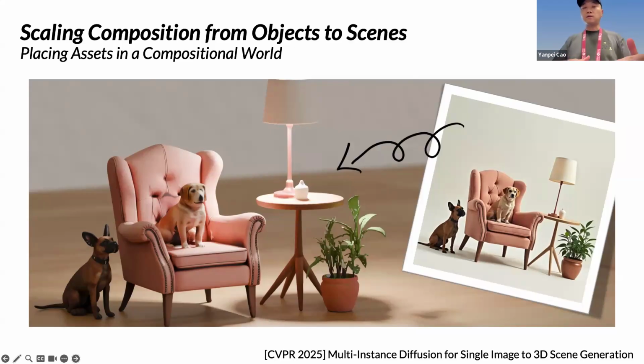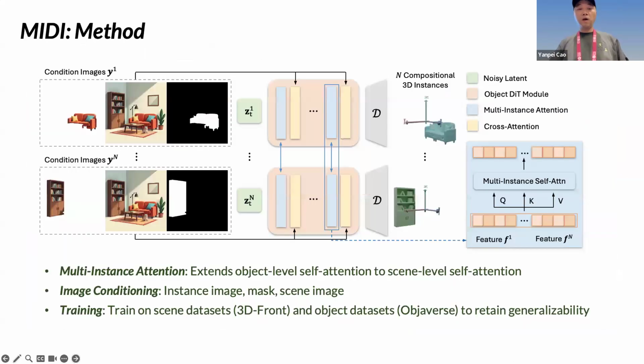So finally, these principles of composition need to scale. This focus on placing these fully articulated components into a compositional 3D environment, which is the scene, is where our MIDI project comes in. Here MIDI stands for multi-instance diffusion for single image to 3D scene generation.